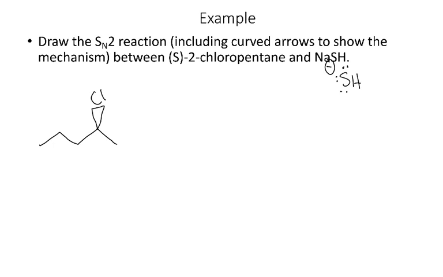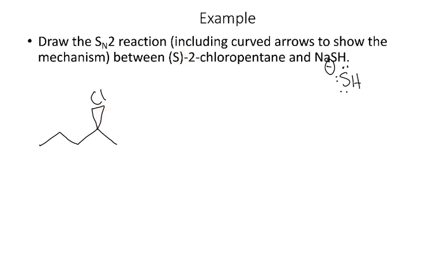When I assign priorities to determine the configuration, the chlorine is going to be 1. These two carbons are tied, but this has 3 H's, and this has a carbon and 2 H's, so this would be the second priority and the third priority. Then, of course, I have a hydrogen in the back that I'm not showing that's going to be fourth priority. When I go 1, 2, 3, I think I have drawn the S configuration. If I'd wanted R, then at this point I'd need to change the wedge into a dash. But because I want S, I think I'm good.